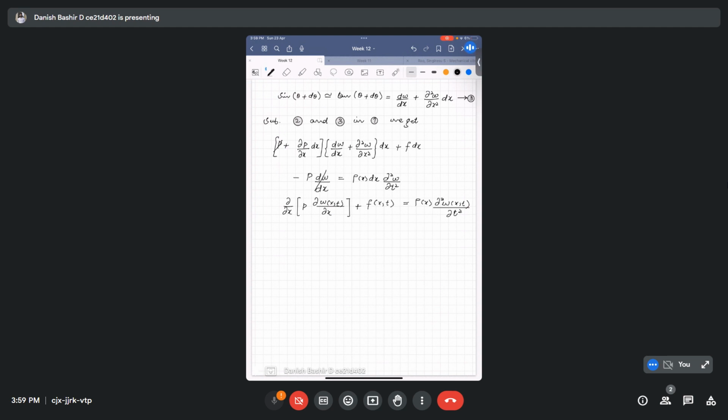Okay, so if the string is uniform and the tension is constant throughout, then we can write the equation in a simpler form. Okay, so let me first categorize it as, we got this. So this is governing differential equation for forced vibration of non-uniform string.